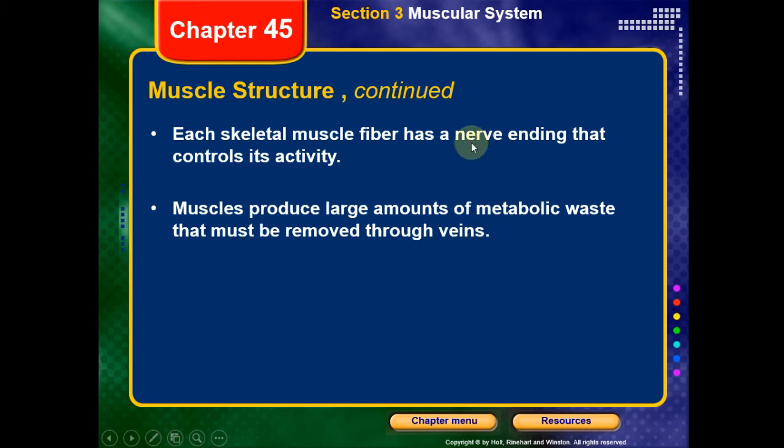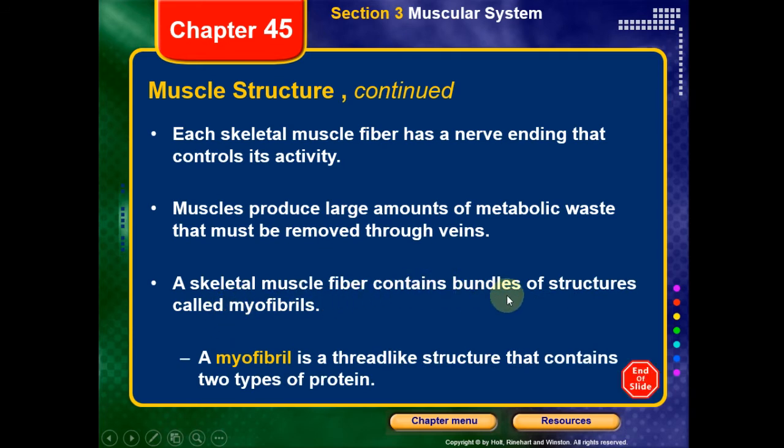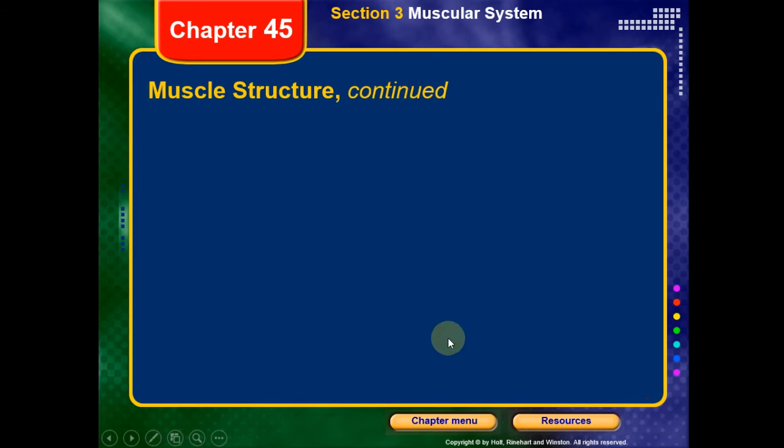So first we need the nerves to send and receive orders and messages to the muscle. Now, metabolism produces waste. It is removed by the circulatory system through the veins. The skeletal muscle fiber contains bundles of structures called myofibrils. This myofibril is a thread-like structure that contains two types of proteins.